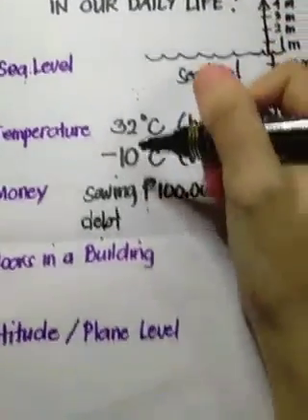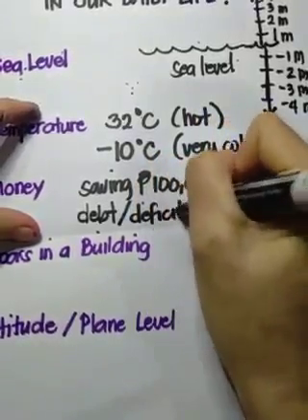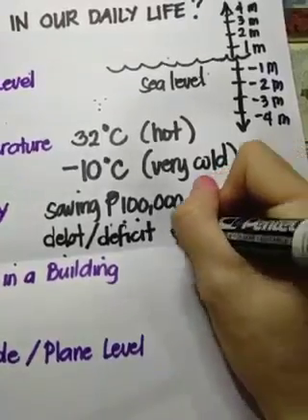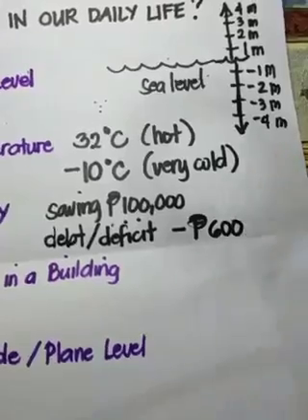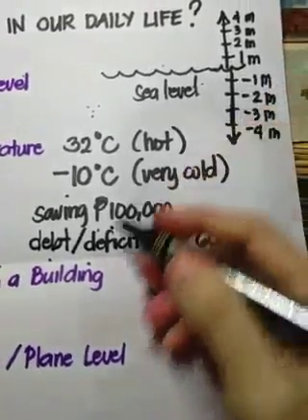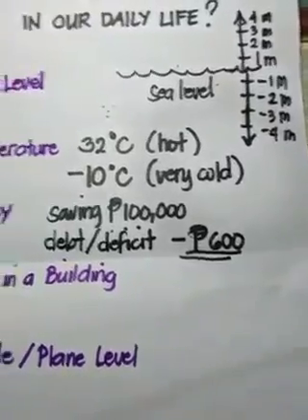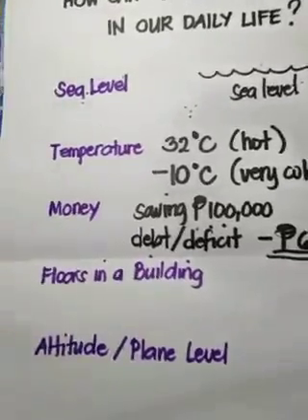Murag deficit ba, no? Sa atong kwarta. Or na-short, in other words, na-short sa budget. So, na-deficit jud ko og, for example, 600 pesos sa akong budget karong semanaha. Meaning to say, nakulangan, no? Or na-short sa budget. So, it can be represented by a negative number or a negative integer.